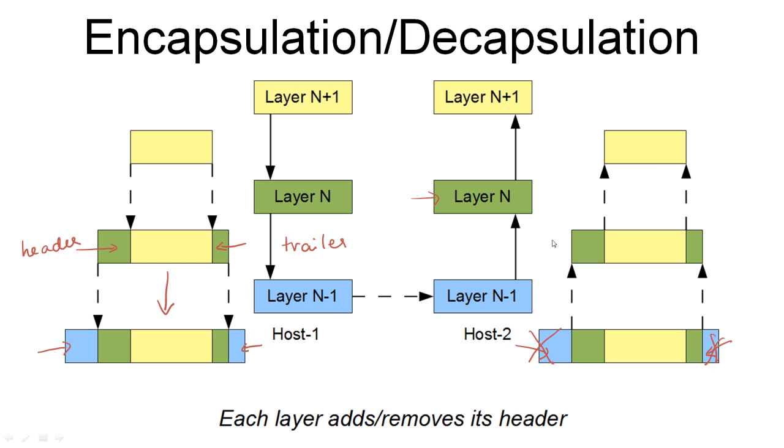This is called the decapsulation part of it. And similarly, when layer n processes it, it is going to remove the information that is pertinent to it and pass it up. So as the message comes down, it gets encapsulated with more and more headers. And as it goes up, it gets decapsulated. So finally, layer n+1 gets whatever message is intended for it.